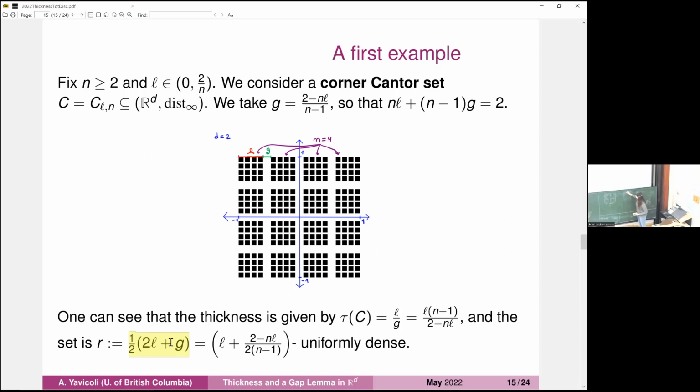I fix n, that is the number of cubes that are going to appear in the first step in every direction. For example, n equal to 4 in that case. So I want to put 4 cubes here, and I have to choose some side length. L is the side length of the first level, right?